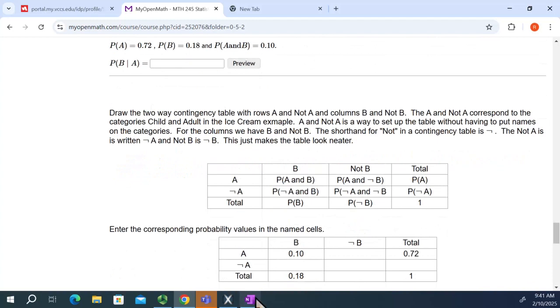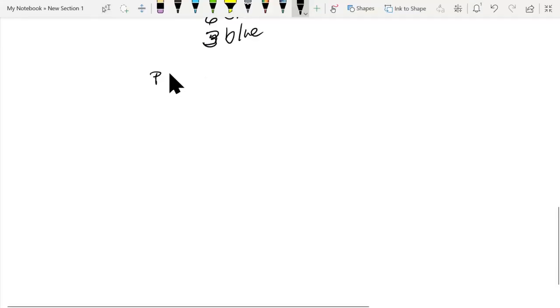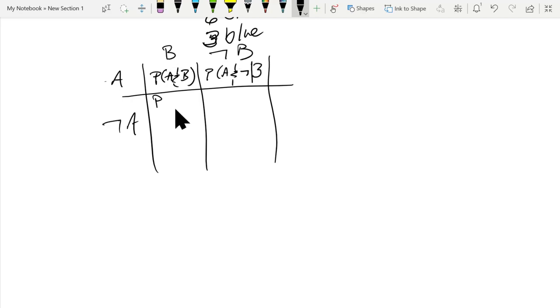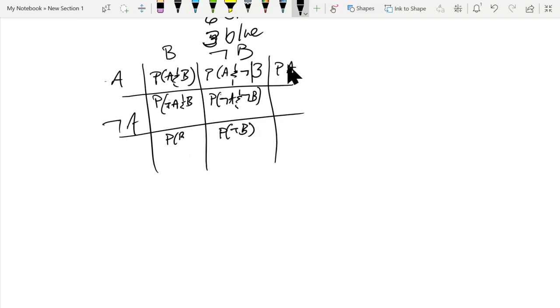This is kind of the setup for a probability distribution. This is the probability of A and B. Probability of A and not B. Probability, this is A, not A, B, not B, not A and B, probability of not A and not B. This is probability of B, probability of not B, probability of A. I add across all the events that A is involved in.